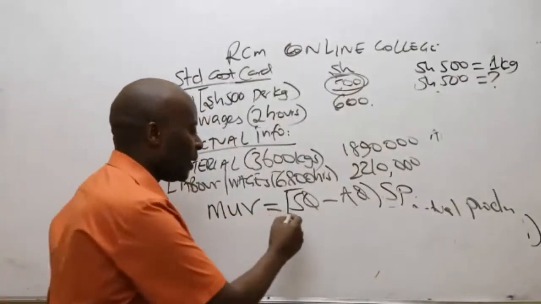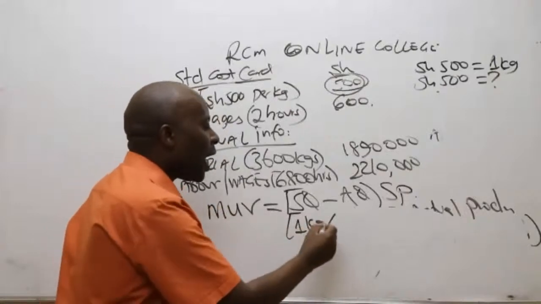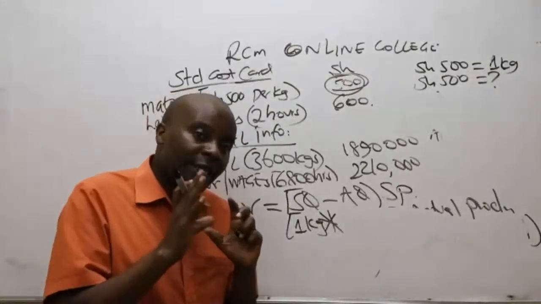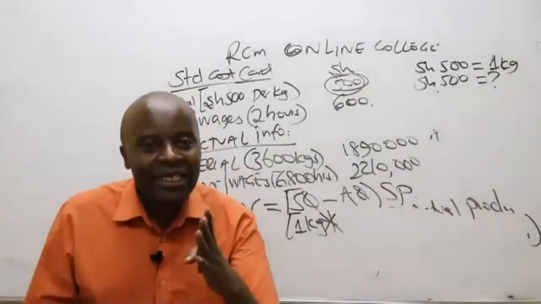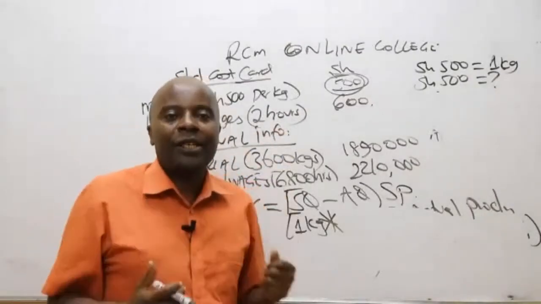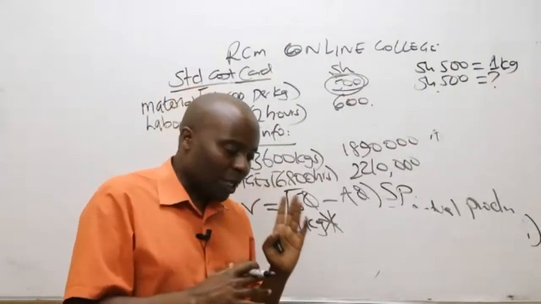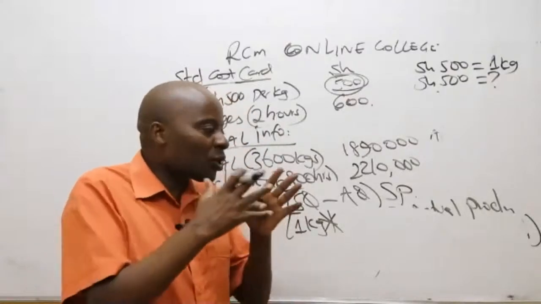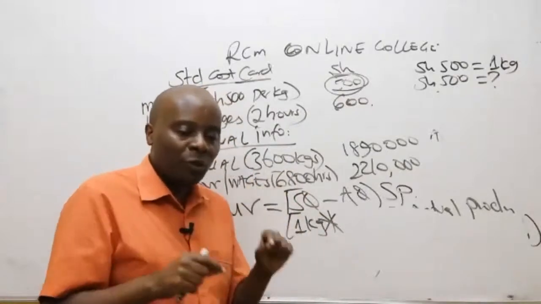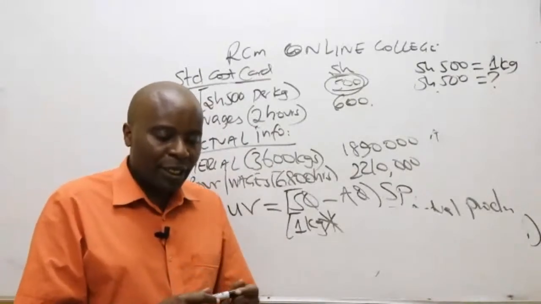So I will take 1 kilogram times the actual output, because capital SQ has to reflect the actual number of units that were produced. Whenever you see capital SQ, capital SH, these parameters, there must be the actual number of units that were produced.